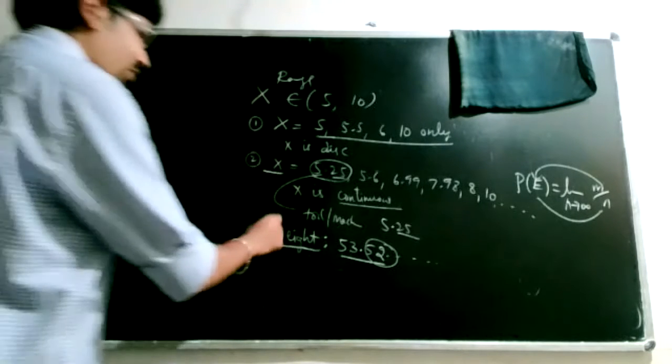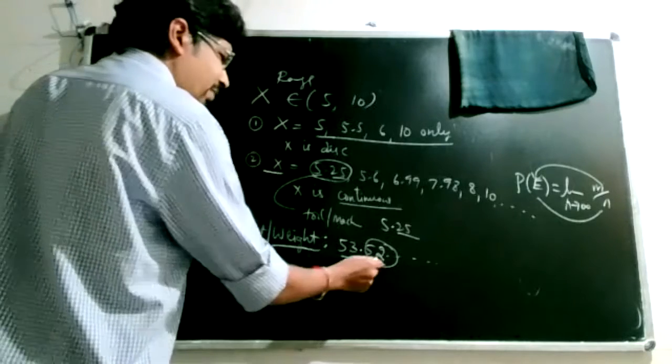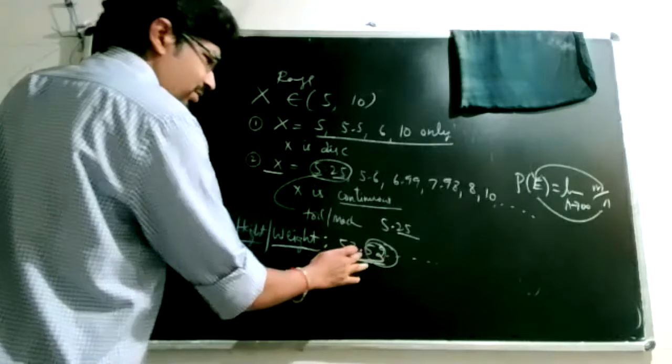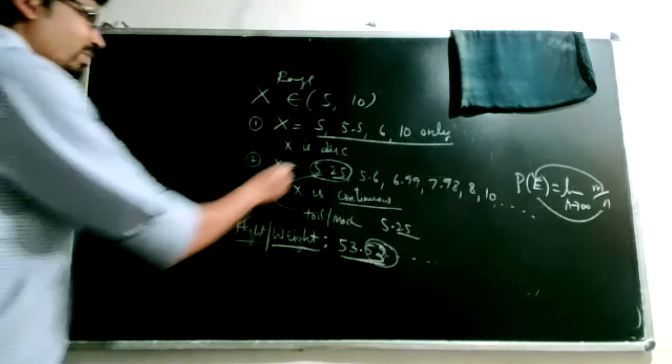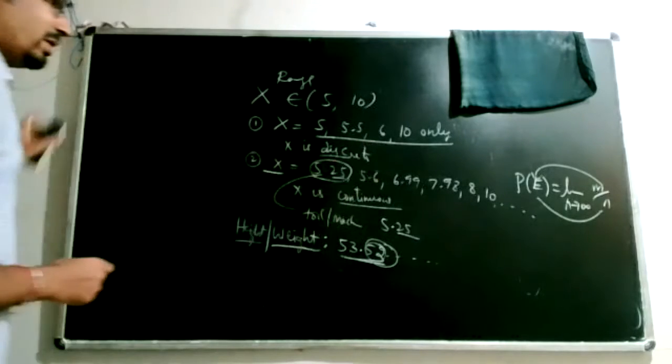Whenever we talk about concepts like height, weight, or any continuous random variable, we are talking about an observed number that is close to the actual value. That is the major difference between a discrete variable and a continuous variable.